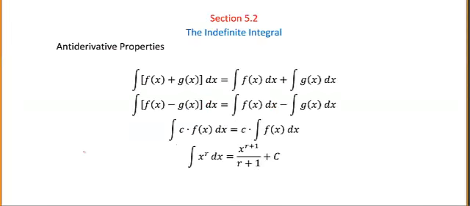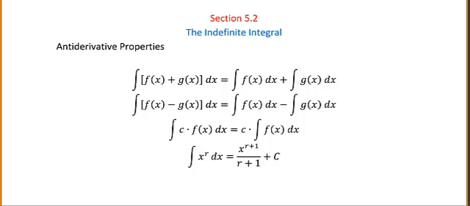The next thing I want us to keep in mind is that we have these properties of derivatives: the derivative of a sum is the sum of the derivatives, the derivative of a difference is the difference of the derivatives, and so on. We have the very same ideas here for antiderivatives; they follow these linear properties.